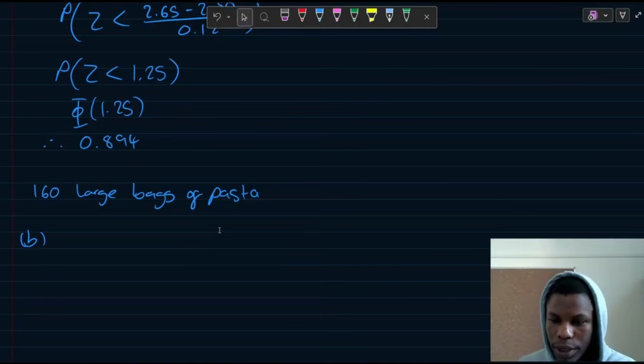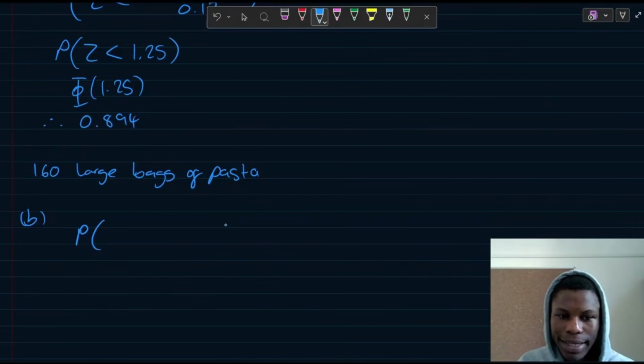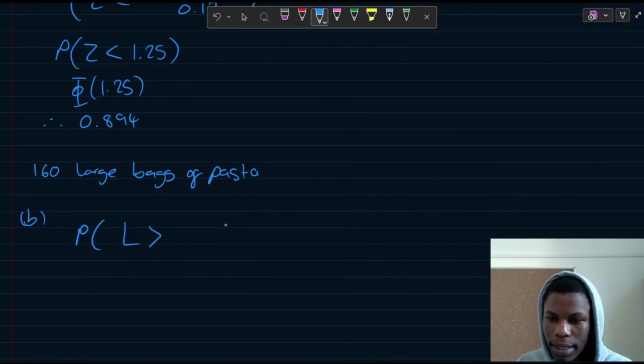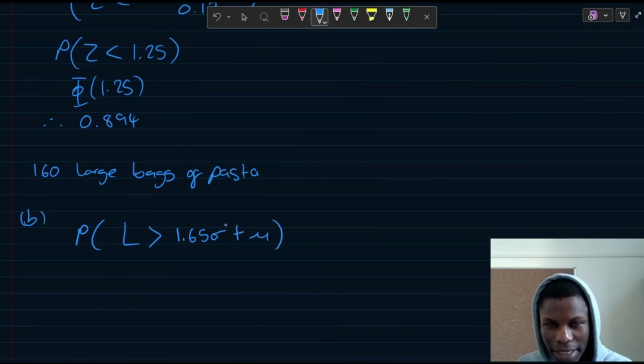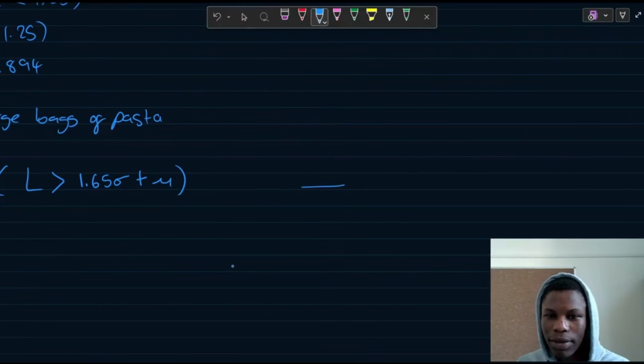So what we're going to do here is we want the probability that L, the mass of pasta, is more than 1.65 standard deviations above the mean. I hope that makes sense. I'm going to sketch it out. I imagine the diagram would be a lot more clear.